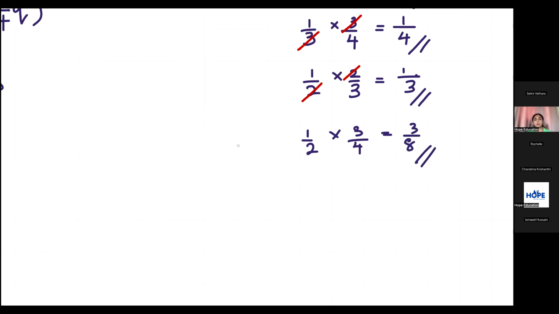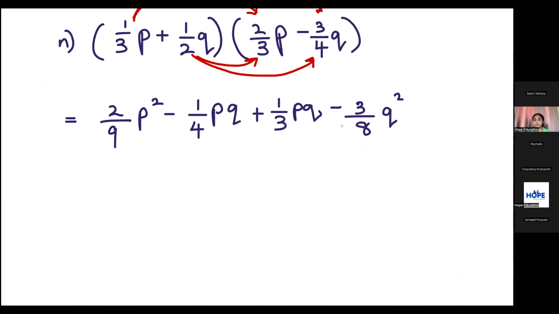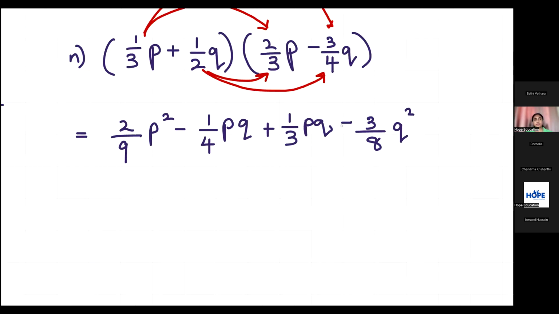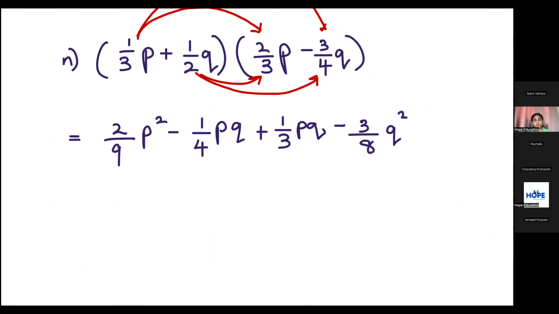So 1/2 multiplied by 3/4 is 3/8. q multiplied by q is q squared. Plus multiplied by minus, answer is minus. Is this step clear to all of you? Okay, others? Okay, let's move on.